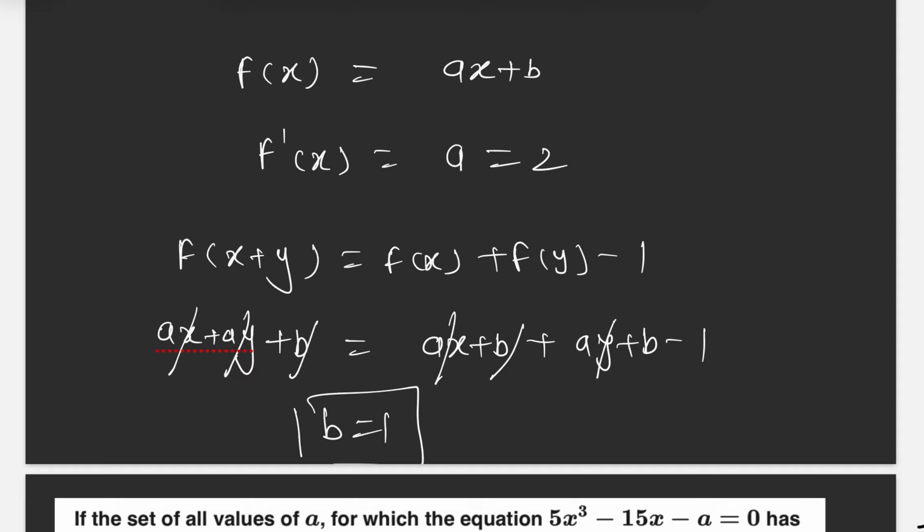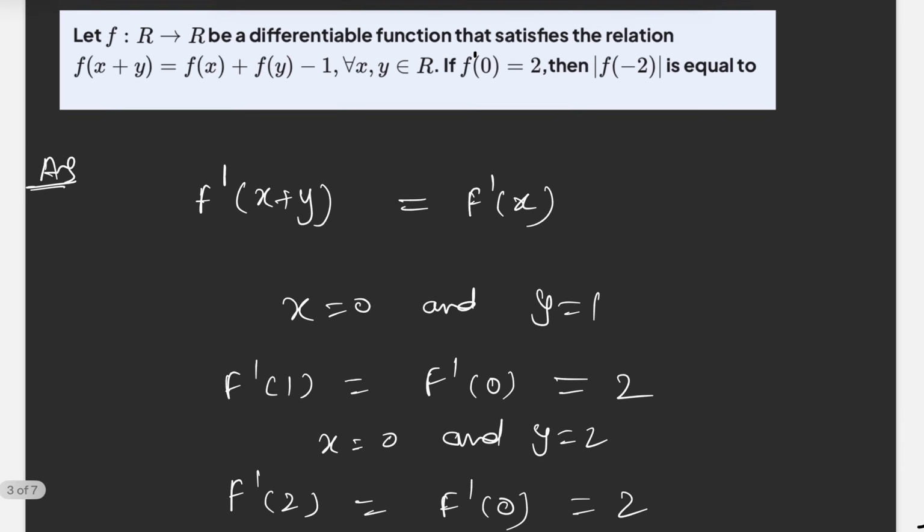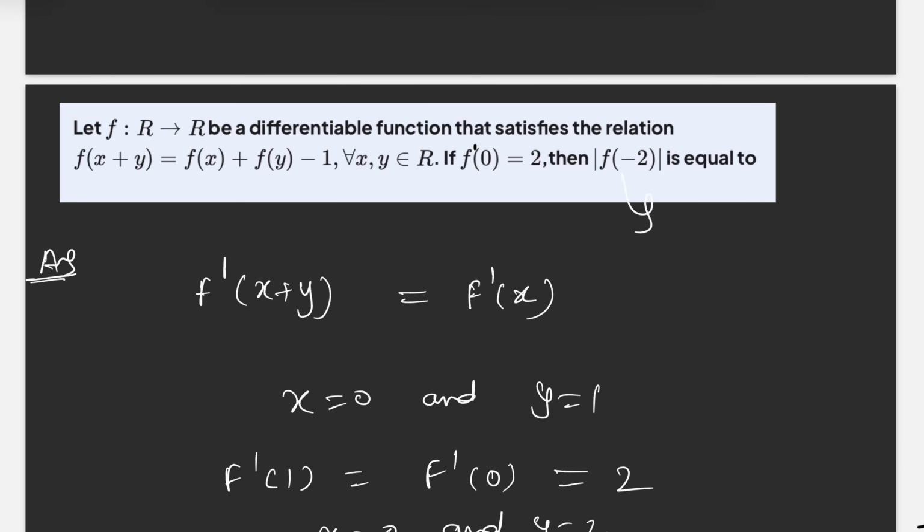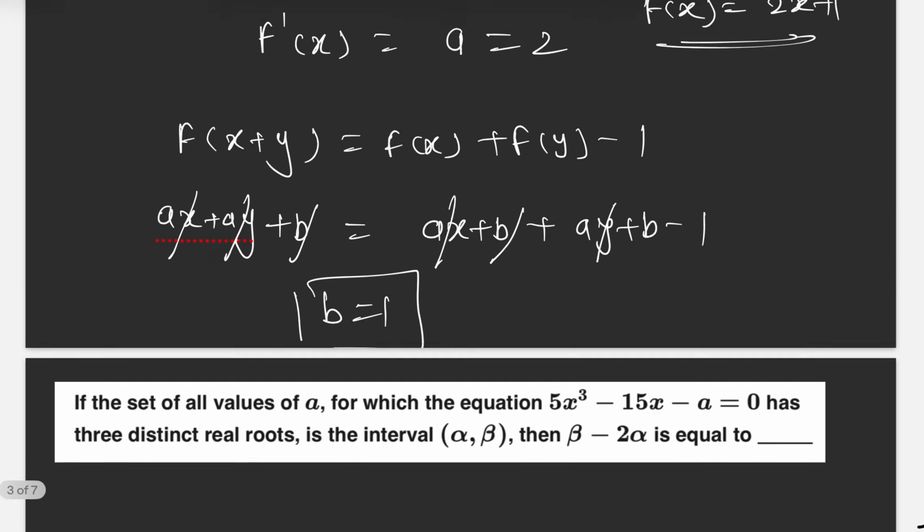So it means my function is f x equals ax plus b, which is 2x plus 1. Now they're asking the mod of f of minus 2. So you can give mod of f of minus 2 using 2x plus b. So that will come 3. So 3 will be our correct answer.